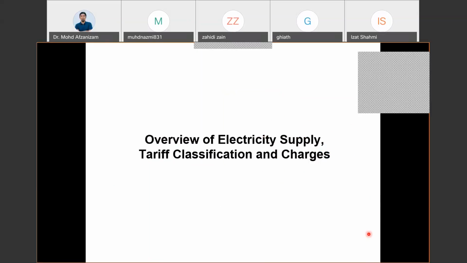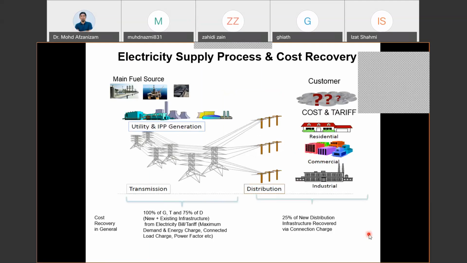Overview of electricity supply, tariff classification and charges. As mentioned just now, the main fuel source comes from the power plant, from the energy or power producer, utility and IPP generation, and then goes to the grid, then to the smaller grid, and then to the utilization, the consumer or the public.